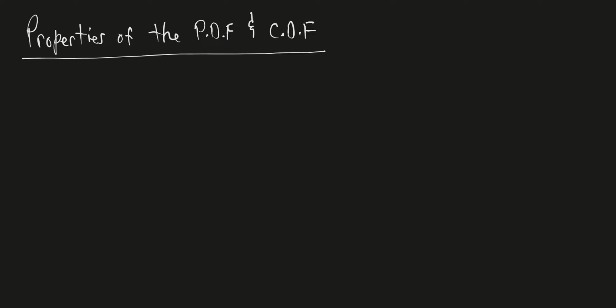In this video, we're going to take just a brief look at some key properties of the PDF and the CDF as previously defined. Remember that your PDF is the probability distribution function, and the CDF is the cumulative distribution function.